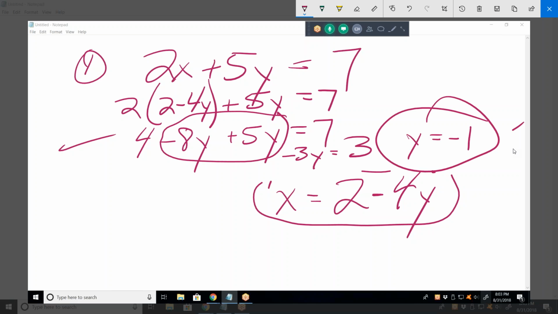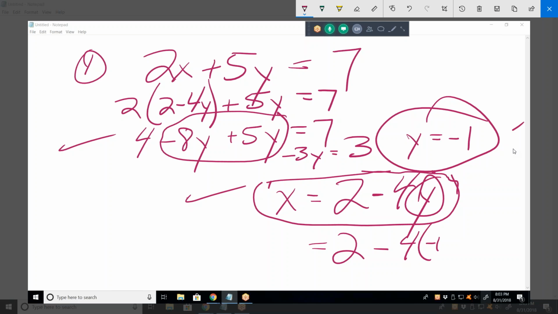Okay? Now, because we actually have one of the equations in this format, it's pretty easy to solve for x, right? So all we've got to do is substitute minus 1 for that. So you get 2 minus 4 times minus 1, and that again is equal to 6.